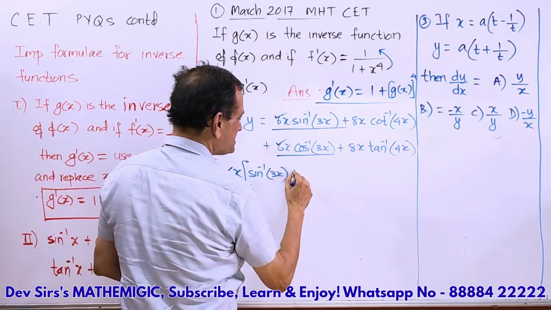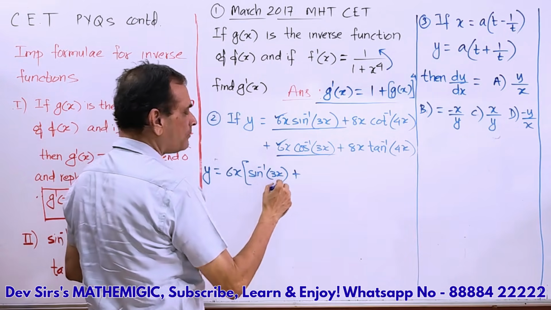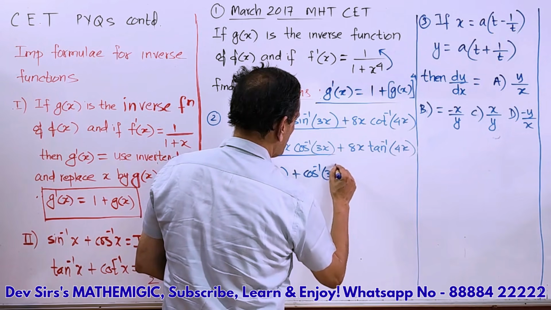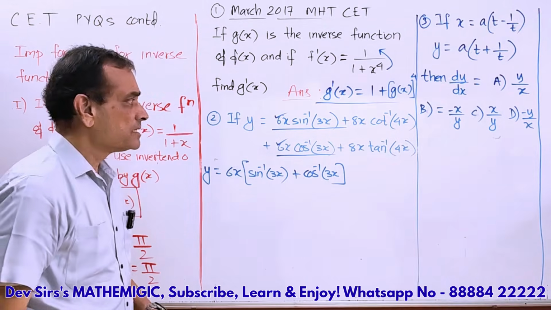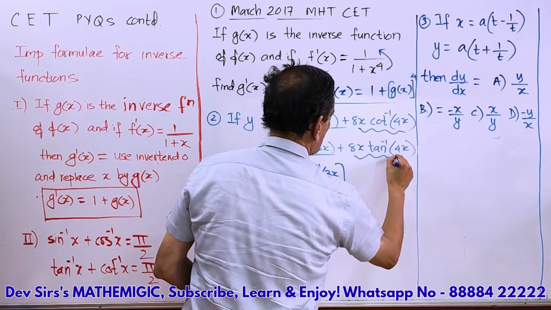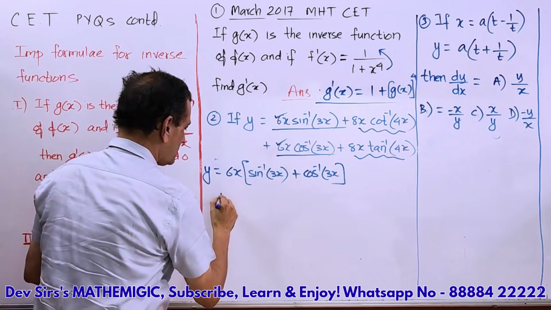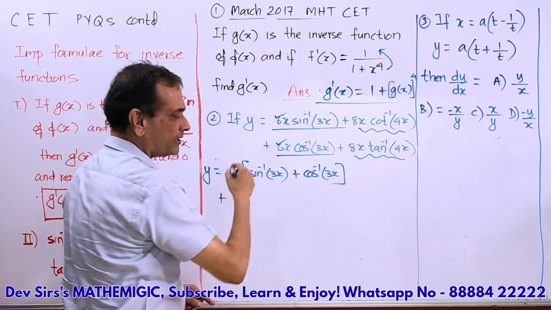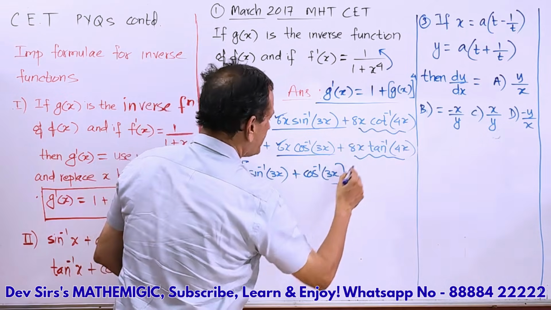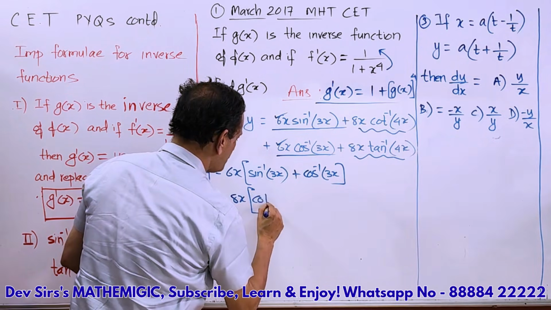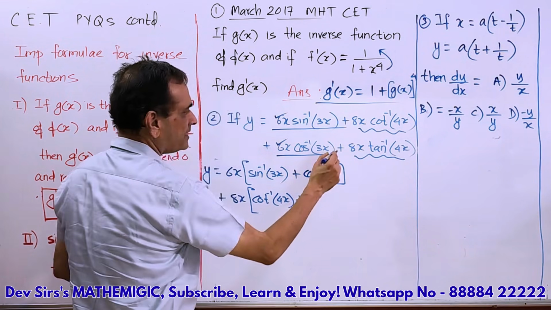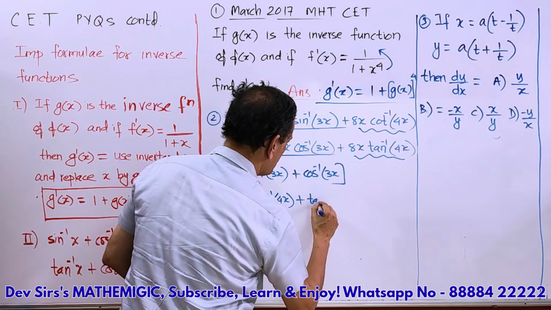Sine inverse 3x plus cos inverse 3x, and 6x has been taken common. Same way, take these two together. 8x common निकालो. Cot inverse 4x plus tan inverse 4x.